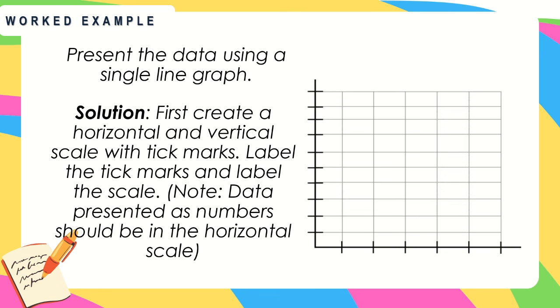Present the data using a single line graph. For the solution, first create a horizontal and vertical scale with tick marks. Label the tick marks and label the scale. Note, data presented as numbers should be in the horizontal scale.